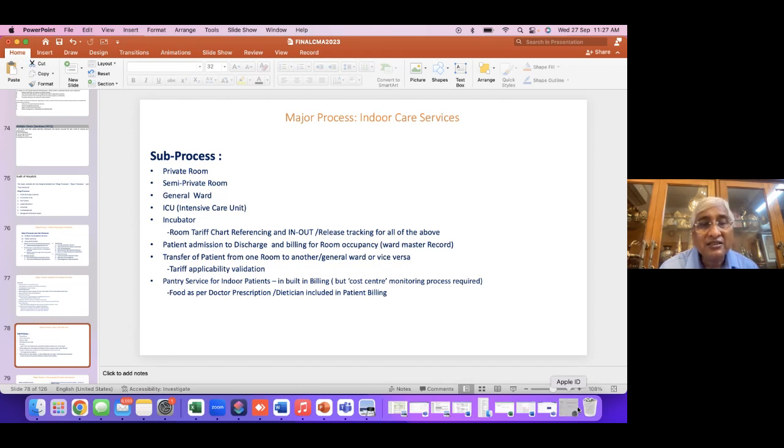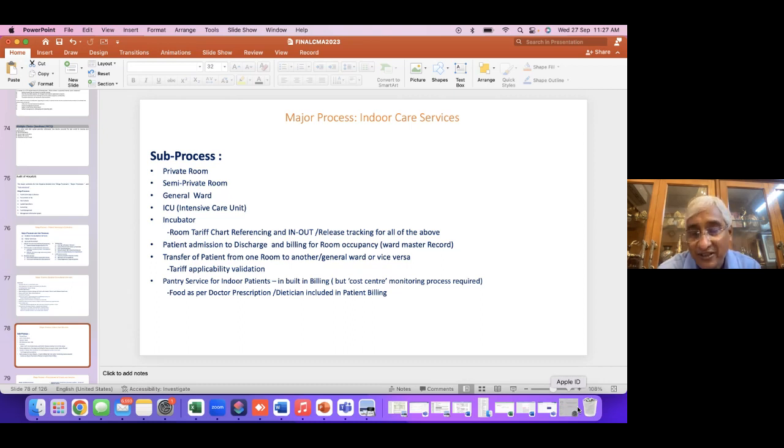So like that, there are many specialist rooms as per the choice of the patient that are also available. Now, each has a different tariff schedule. So when a patient is transferred to the ICU, from that point of time till release from the ICU, that particular rate for the ICU will be charged. So tracking this is again a very important factor.